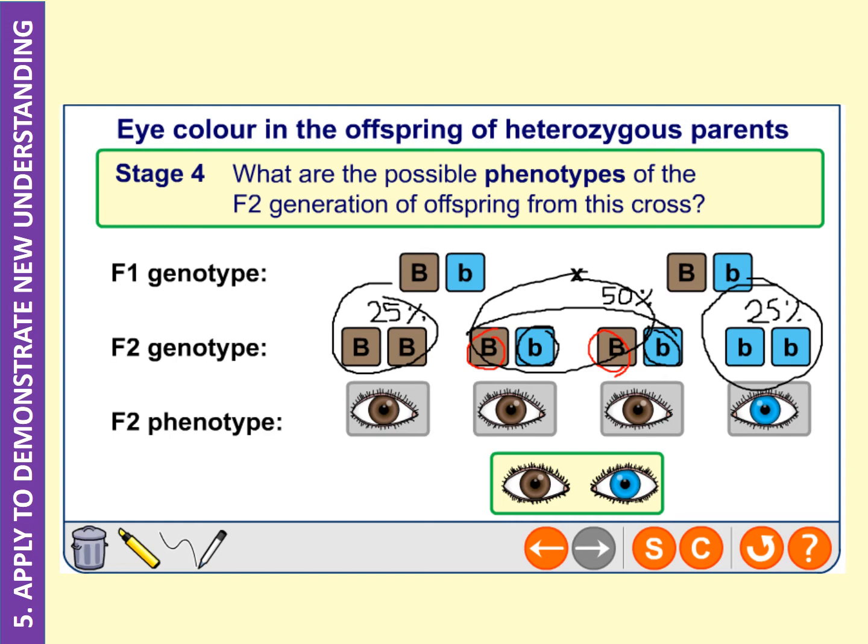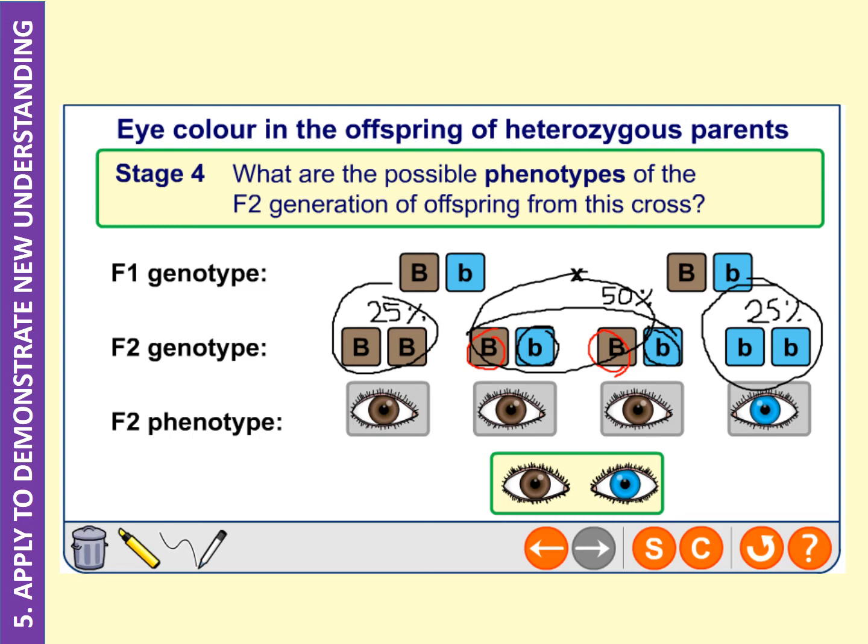This guy would also be brown eyed because he's got at least one copy of that dominant gene there, as does this person here. However, this person on the right hand side contains no brown alleles to mask the blue, and therefore that person, that 1 in 4 chance here, is going to have blue eyes.